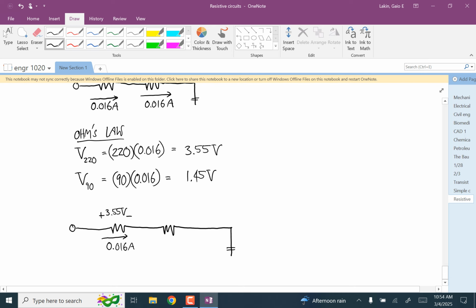The positive and negative here, that polarity shows which direction has the higher electric potential and which has the lower. And then for the second one, we have a current of 0.016 amps and a voltage of 1.45 volts.